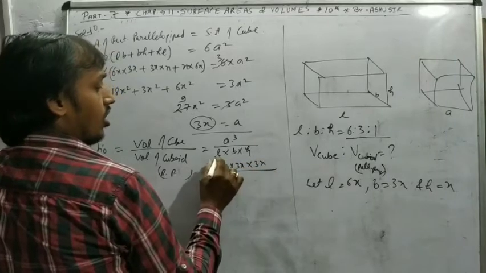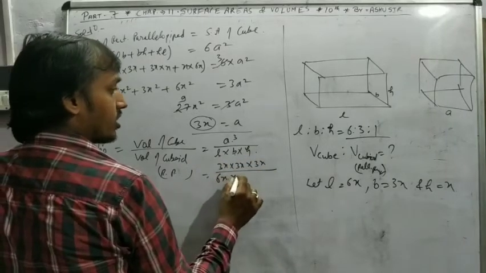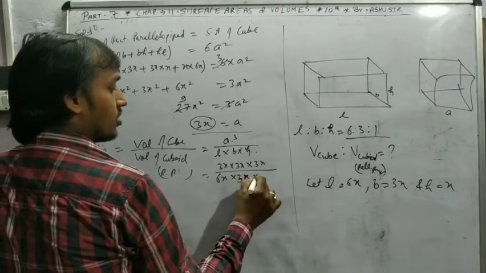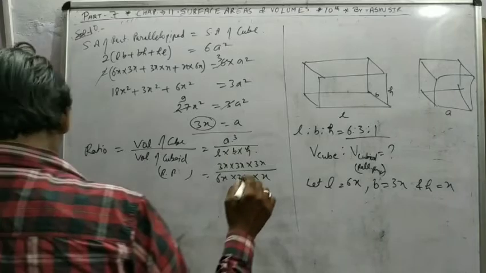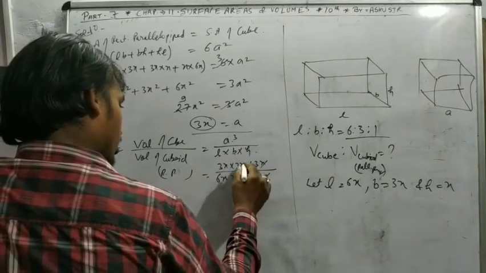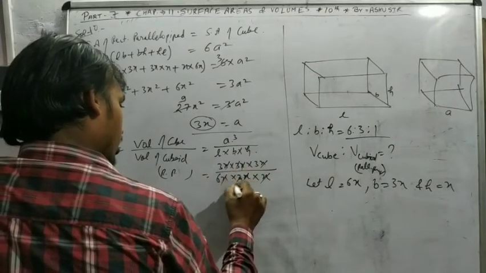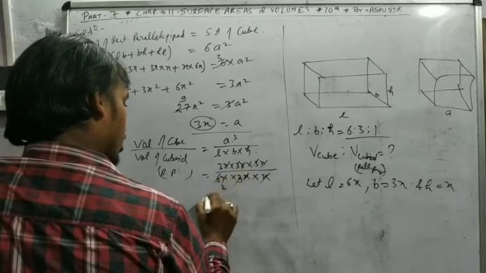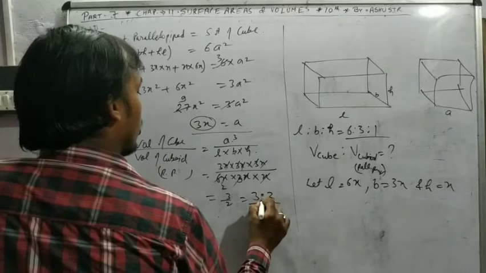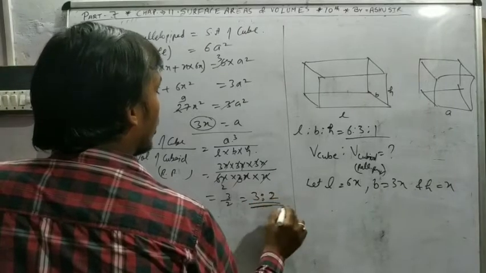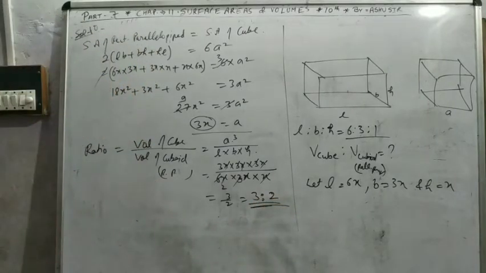Length, breadth, height 6x, 3x, x. Then solve it. Three upon two, 3:2 is the ratio of their volume.